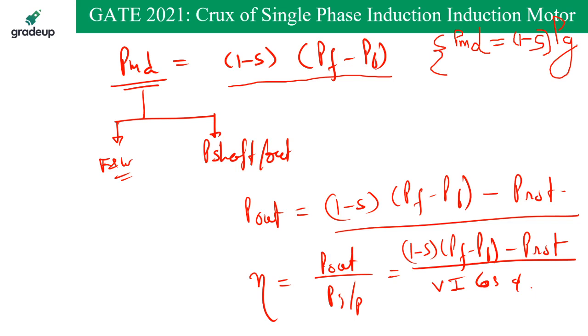Air gap power we have calculated as the power input to the forward rotor minus the power input to the backward rotor.